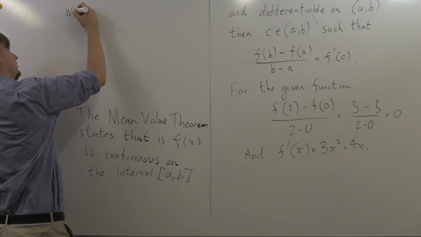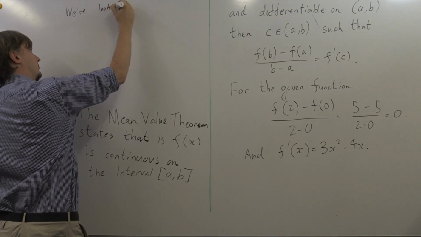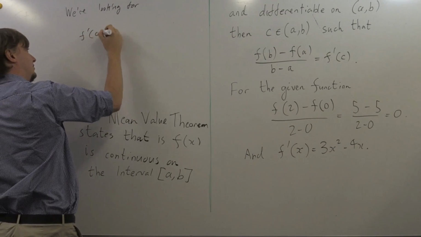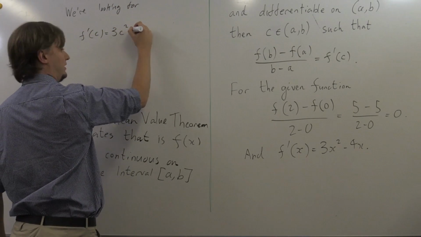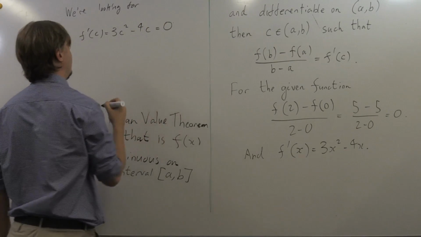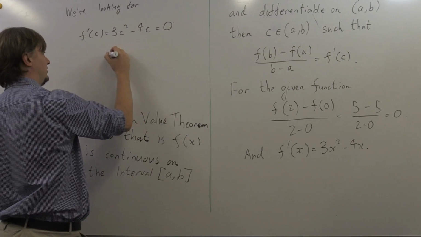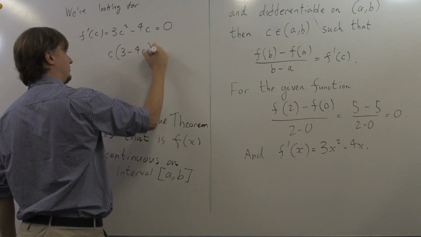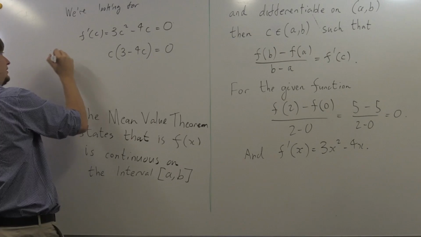So we're looking for f prime of c, which is 3c squared minus 4c equal to 0. So that's equivalent to looking for c times 3c minus 4 equal to 0. So say it that way, i.e. looking for that.